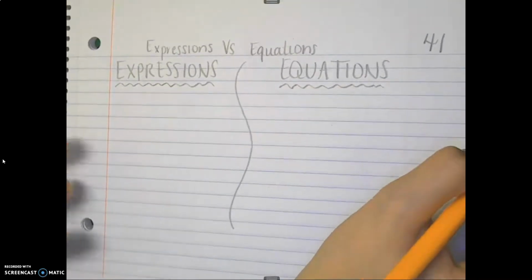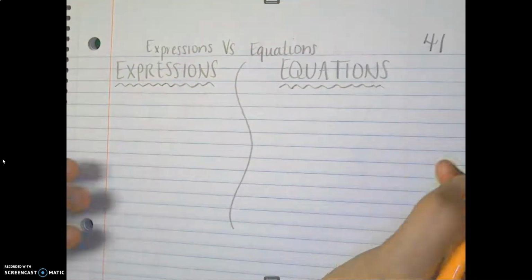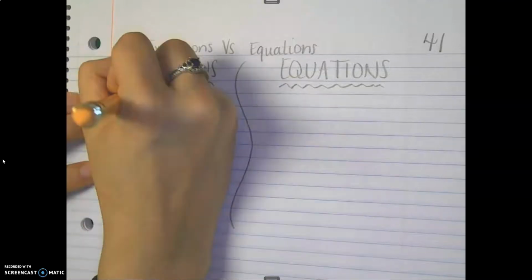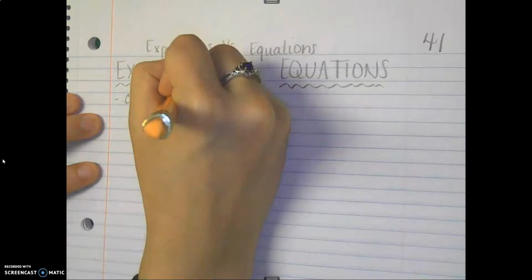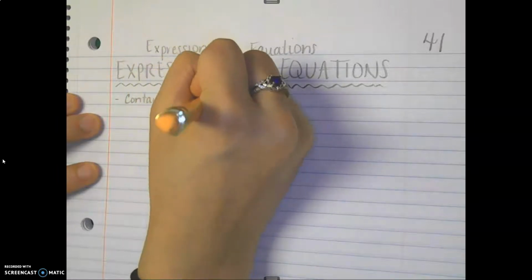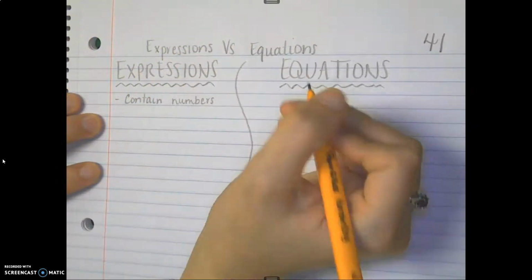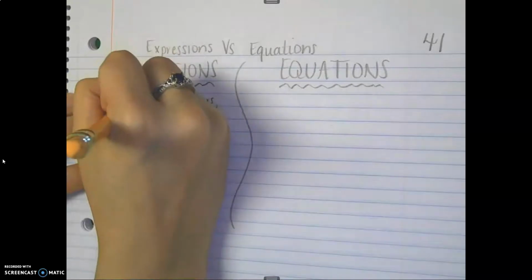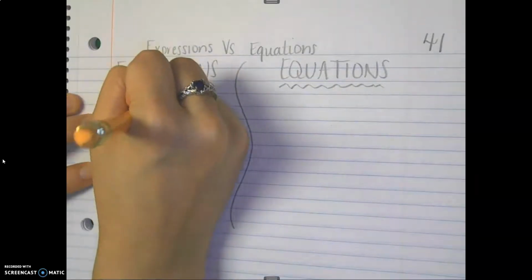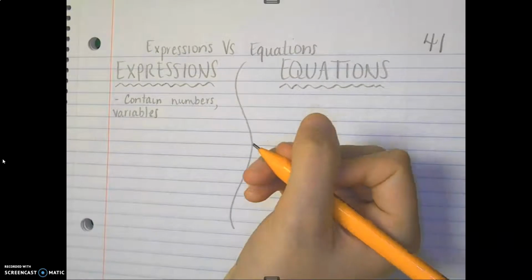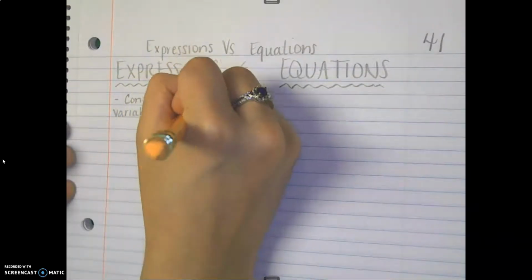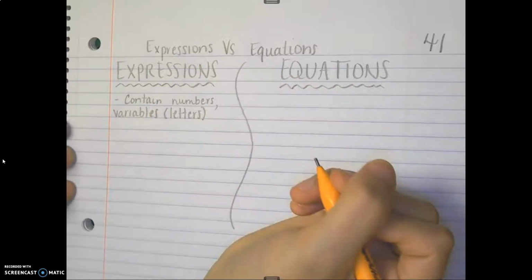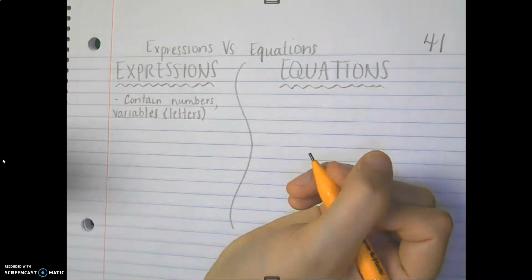Alright, so expressions, we're going to start off there. Expressions contain numbers, variables. You're probably wondering, what are variables? Well, variables are all those letters that you see in math. They are called variables. And they stand for an unknown value.